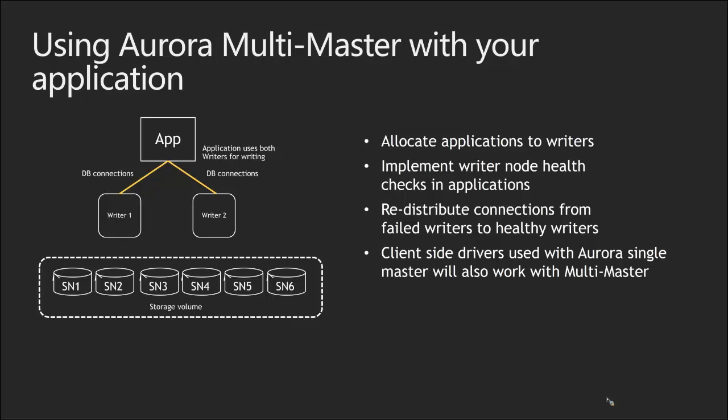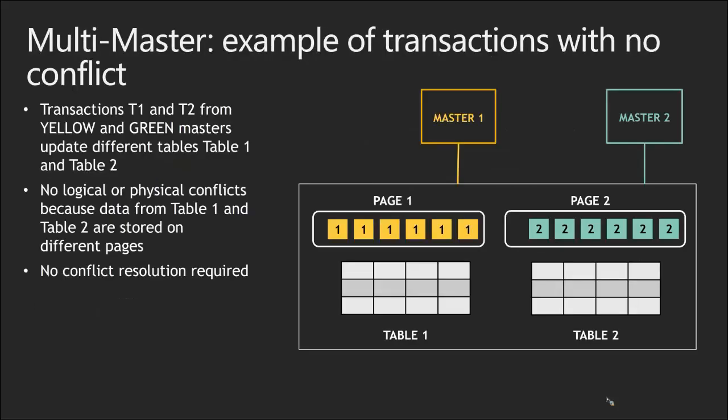So let's see what happens when both of these writers try to write to the storage layer at the same time. Obviously, one thing that could happen in theory is that you would have a conflict. First of all, let's look at an example with no conflict. I have master 1 and master 2, and each of them is writing to the database, but they're writing to two separate tables. So they're probably also writing to separate pages.